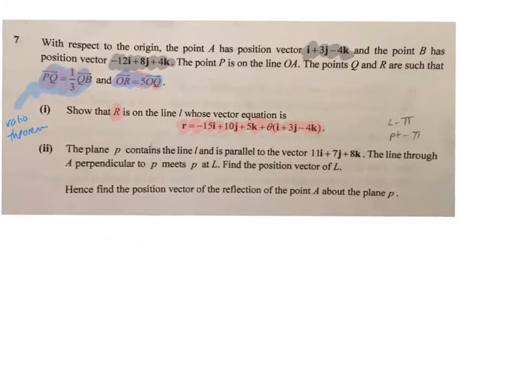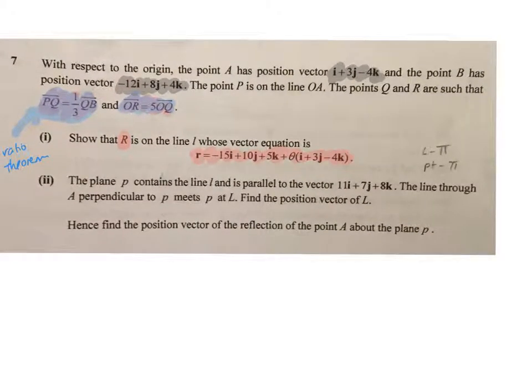Okay, so let's try to draw it out. If we draw it out over here, there's OA, there's OB. Maybe I put A here and B here. Then point P is on the line OA, so point P could be somewhere here.